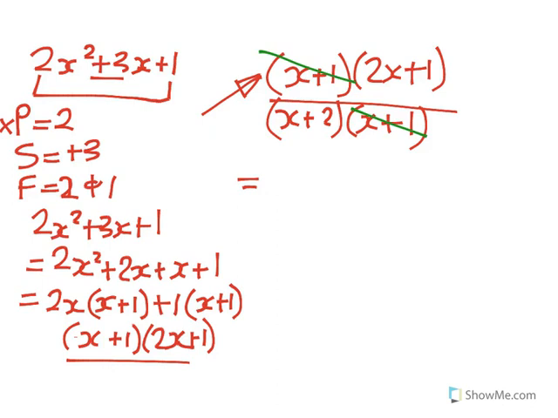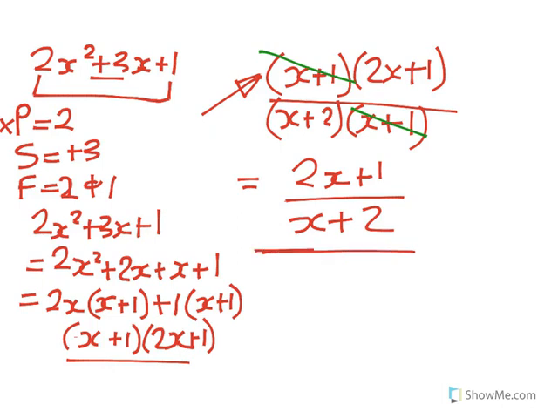Then this will further simplify to 2x plus 1 over x plus 2. Then this will become the final solution. Go over it again slowly if you missed some steps, and then you'll be able to follow.